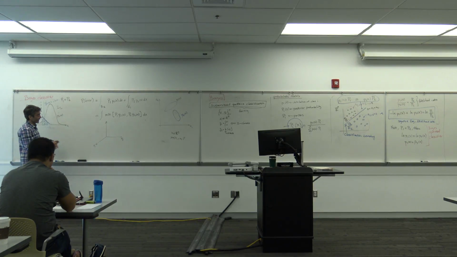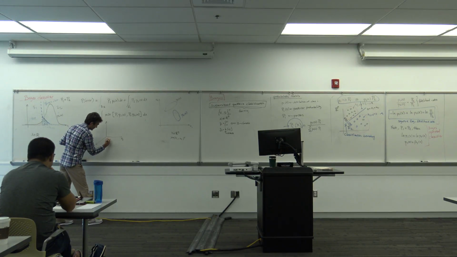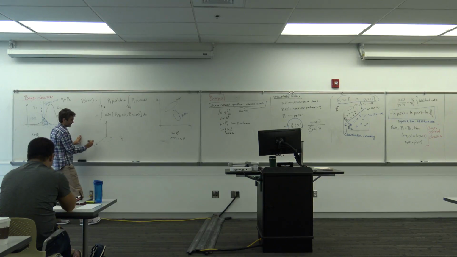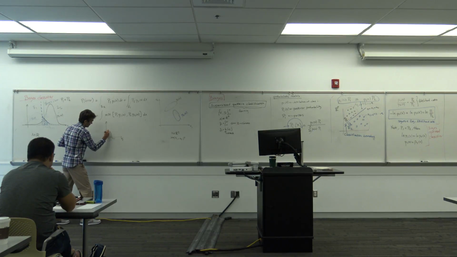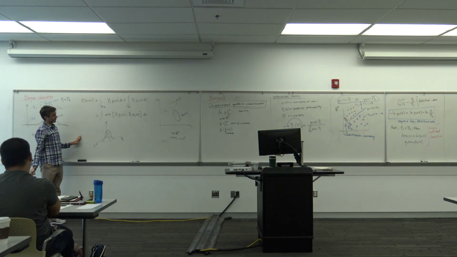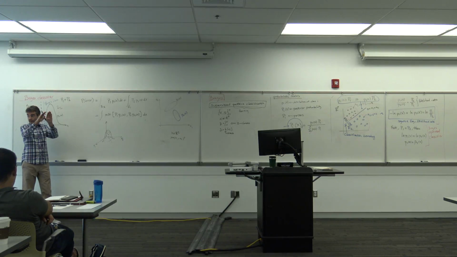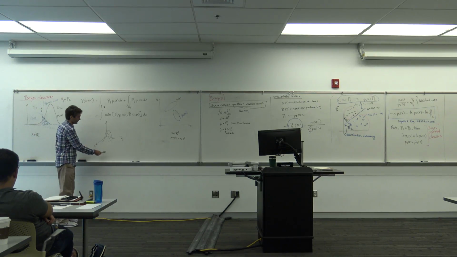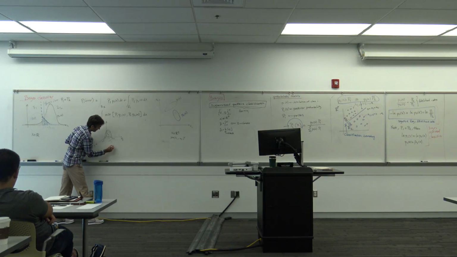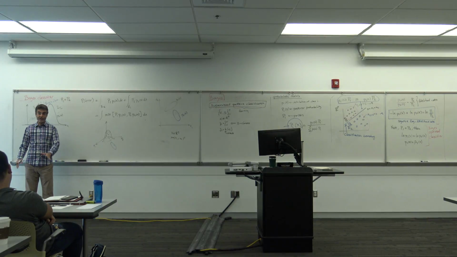So that distribution is going to look in 3D like a mountain. It's a Gaussian. And the other one is going to look something like this. My drawing skills stop right there.